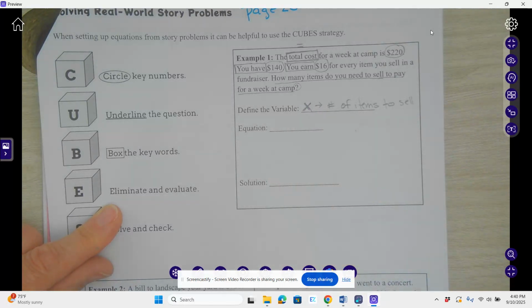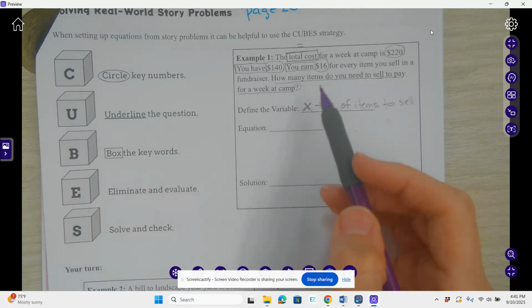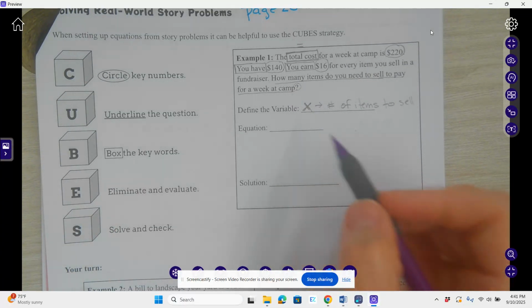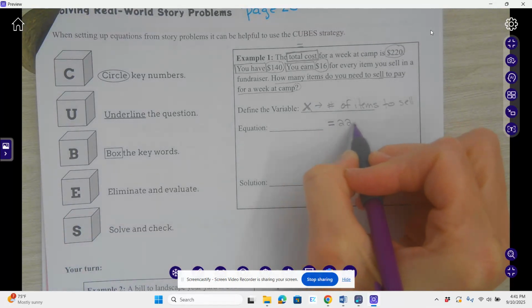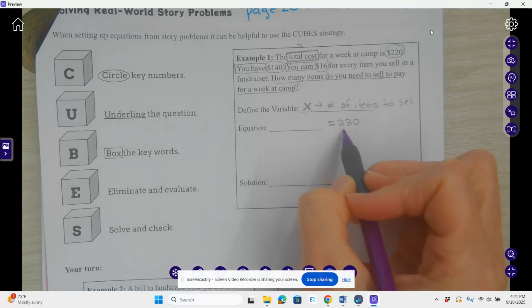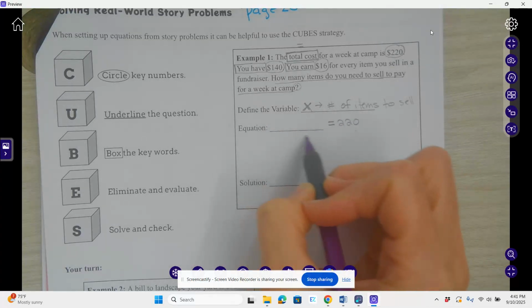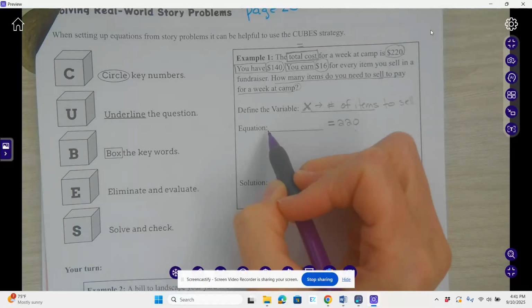All right, now we have to write an equation to evaluate this situation. So let's think. We know we need a total of $220. Over here, on the other side of the equation is going to be everything we have.